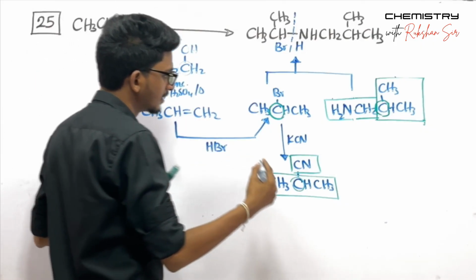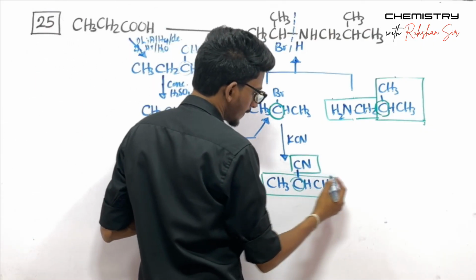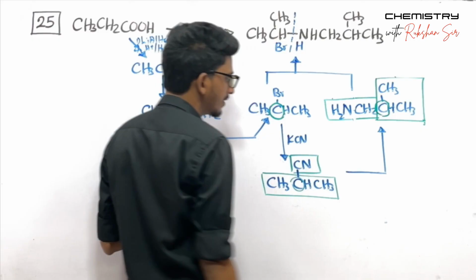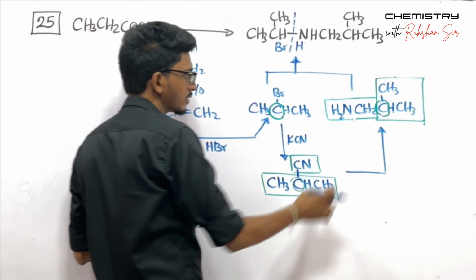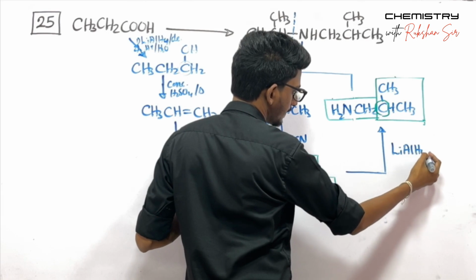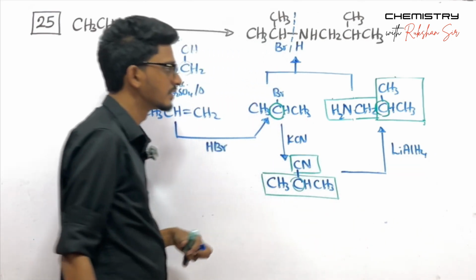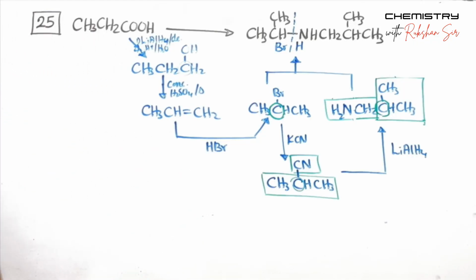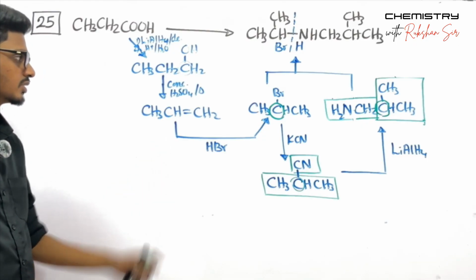Basically, it is very easy. Just adding lithium aluminum hydride will convert the CN into CH2NH2. So just complete the stuff.